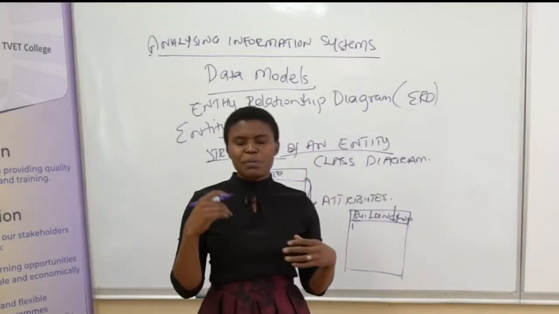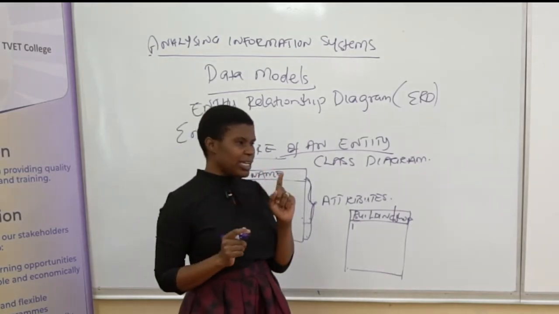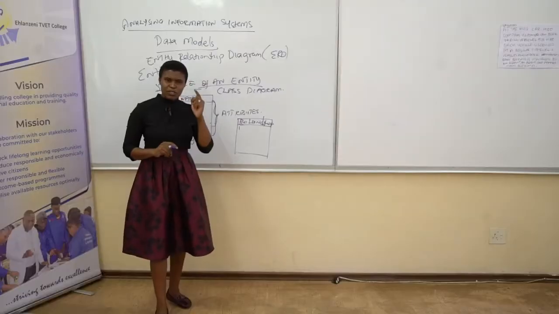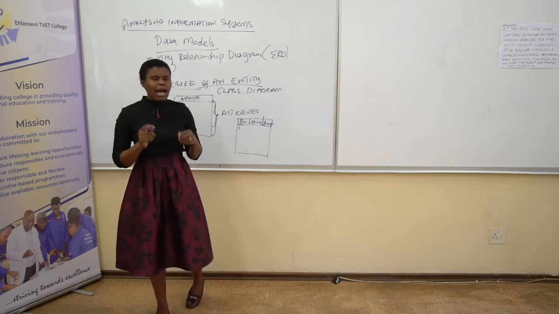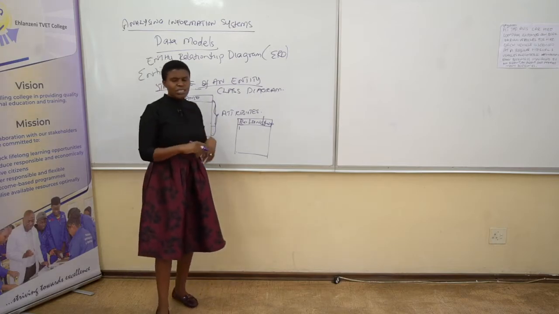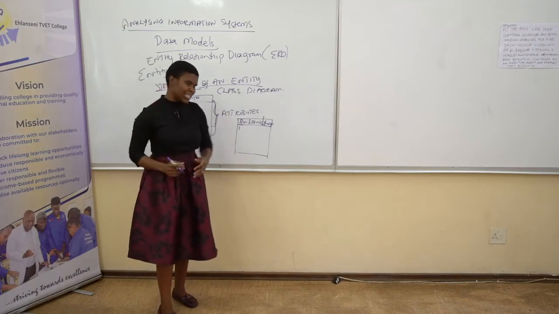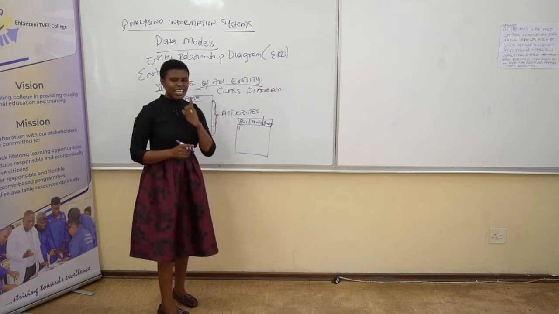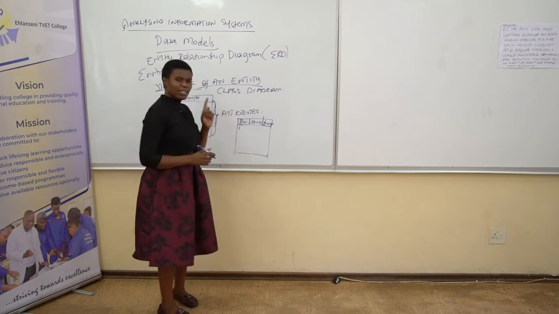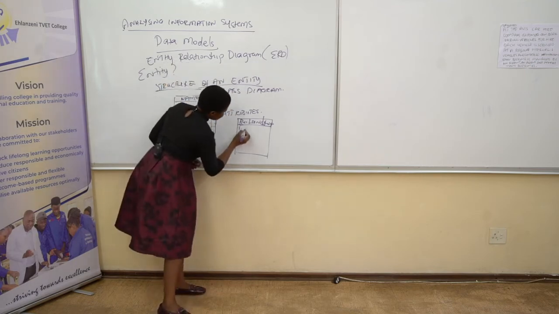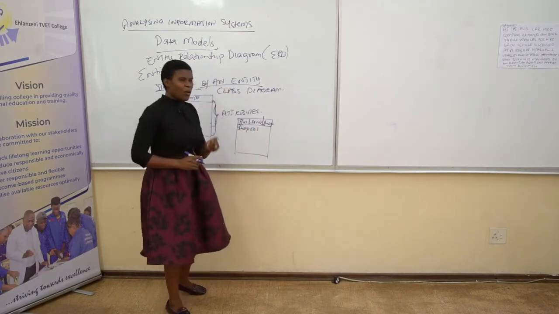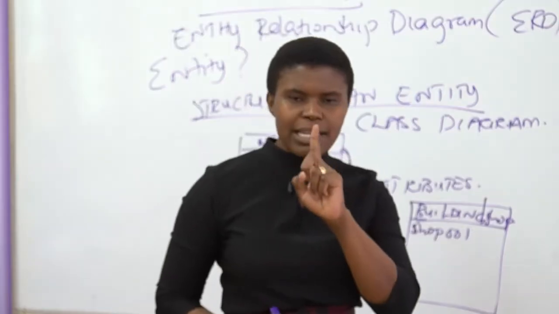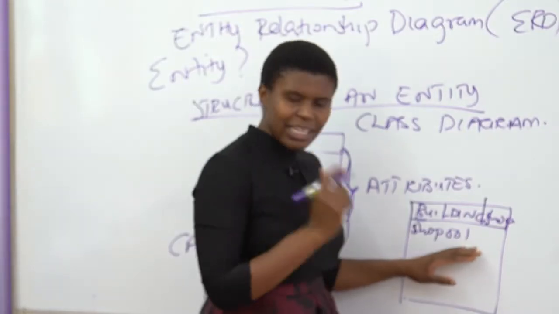We know that most buildings or shops are identified by their names, but we have Spar in Malelane, we have Spar in Nelspruit, we have Spar all over Mpumalanga. How do they differentiate that? You cannot say Spar of Malelane when you are designing an entity. You have to give it a primary key. For example, the one in Nelspruit, we can call it shop 001, meaning 001 will uniquely identify the one in Nelspruit.